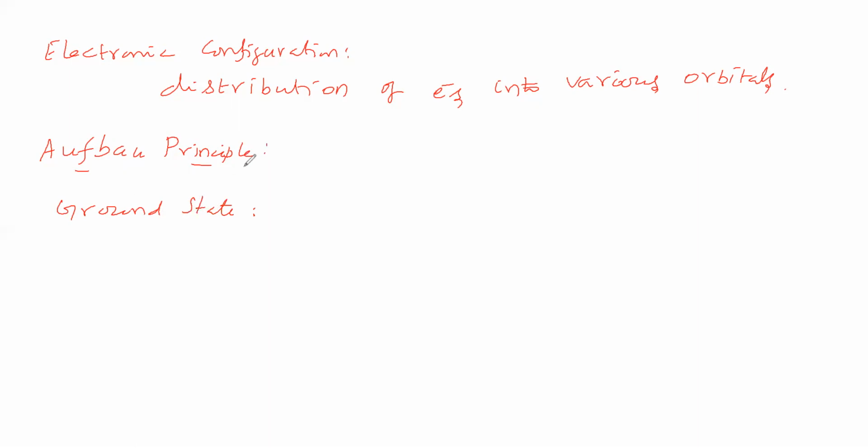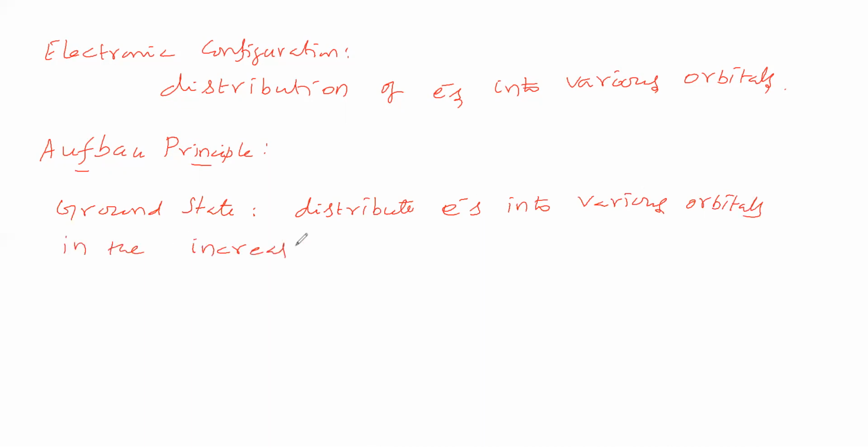In the increasing order of energy of orbitals. So the Aufbau principle says that in the ground state, distribute electrons into various orbitals in the increasing order of their energies.